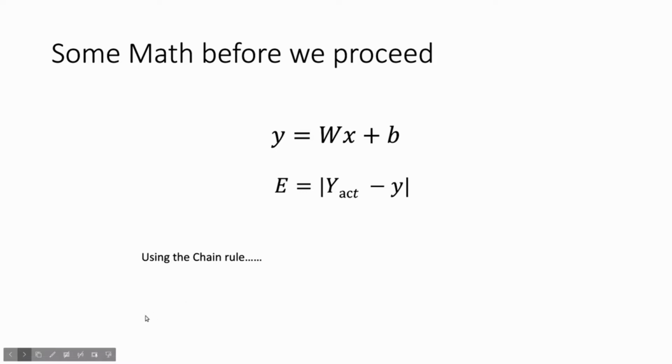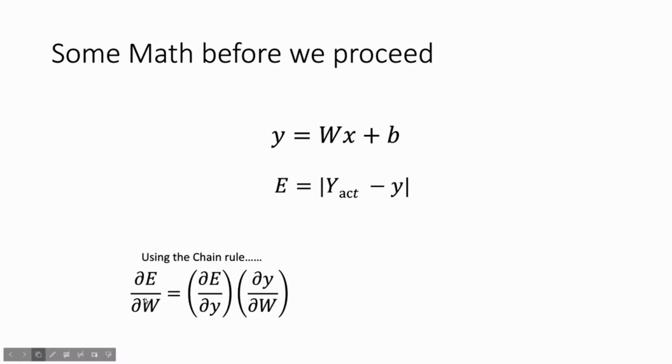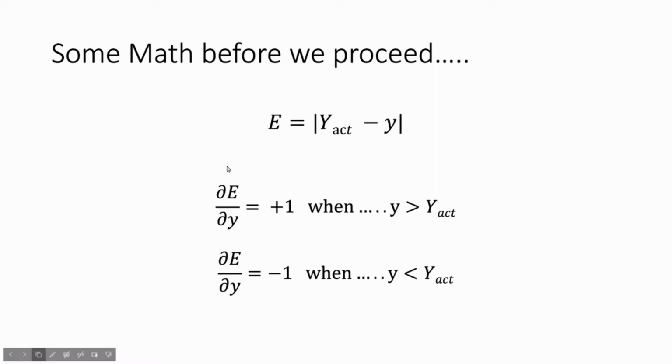We will use the chain rule, where the partial derivative of the loss function with respect to w will be the partial derivative of the loss function with respect to y multiplied by the partial derivative of y with respect to w. Similarly for b. We have already seen in the previous video that the partial derivative of the loss function with respect to y is +1 where y is greater than y actual, and -1 where y is less than y actual.